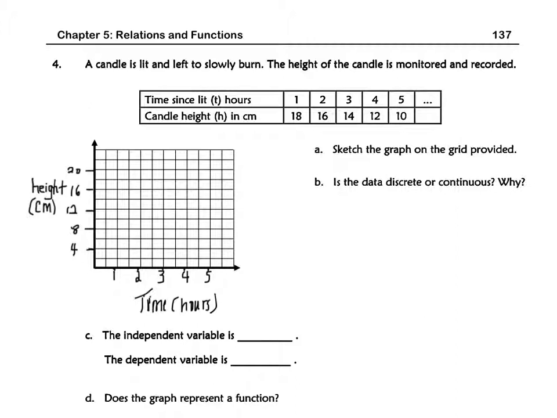So at 1 hour, the height is 18. So that would be there, halfway between 16 and 20. At 2 hours, it goes to 16. At 3 hours, it goes to 14. 4 goes with 12.